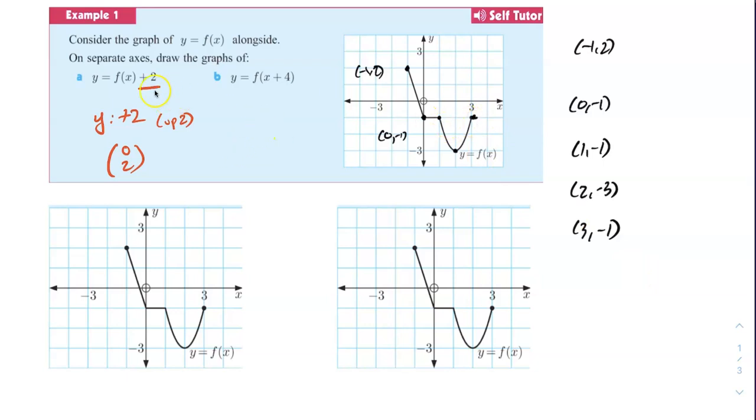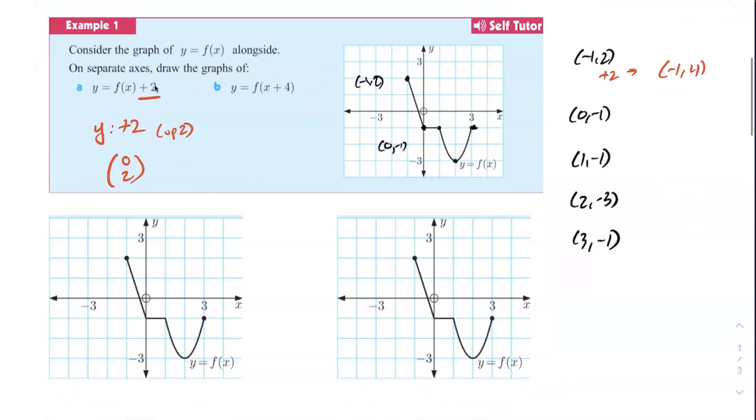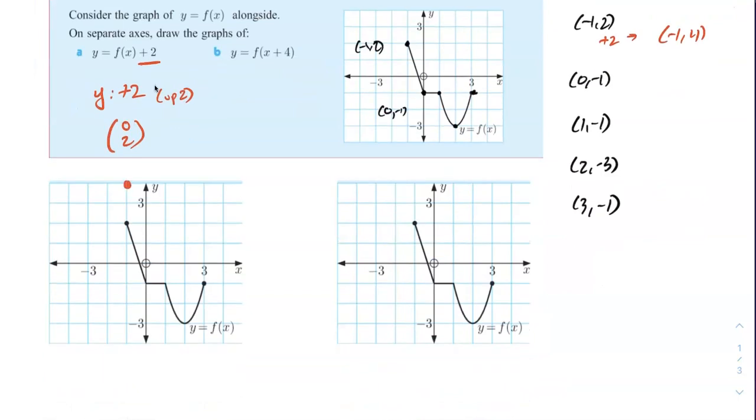All I'm going to do is add 2 to the y values. For (-1, 2), we get (-1, 4). For (0, -1), we add 2 to the y and get (0, 1). For (1, -1), we add 2 to the y again and get (1, 1).